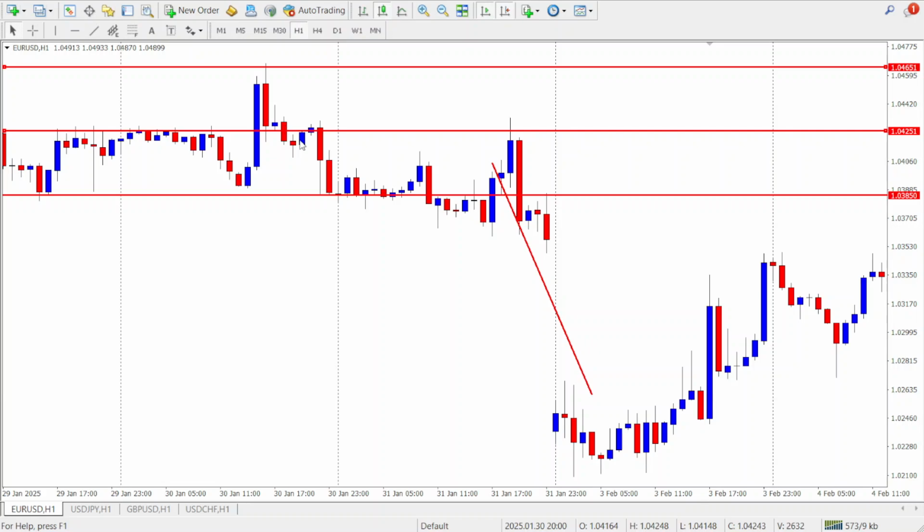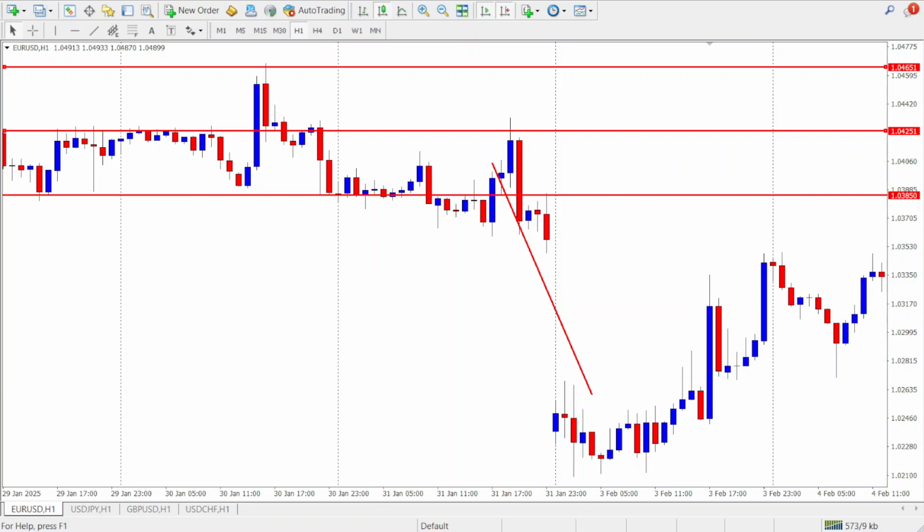So they manipulate price. They push the market just beyond a key level to trigger stop losses and then trap traders. Then they drive the price back in the opposite direction, leaving retail traders stuck in bad trades. Sounds frustrating, right? But don't worry, I'm going to show you how to spot fake outs and avoid these traps.